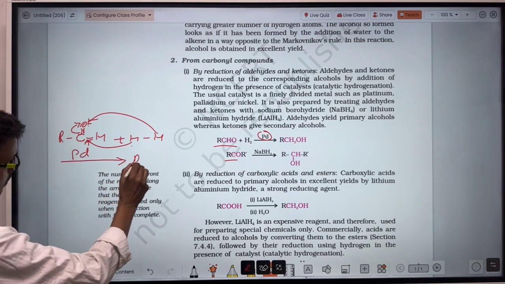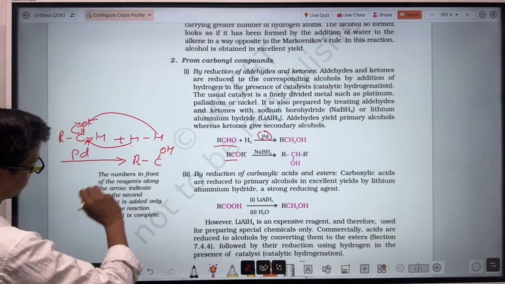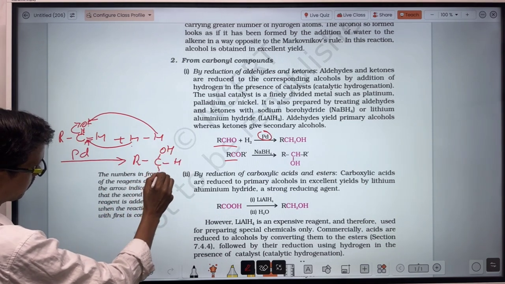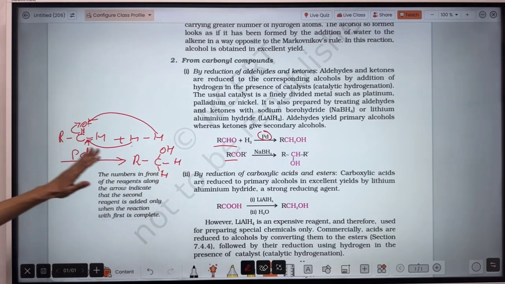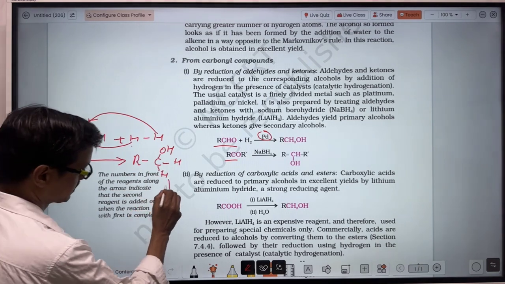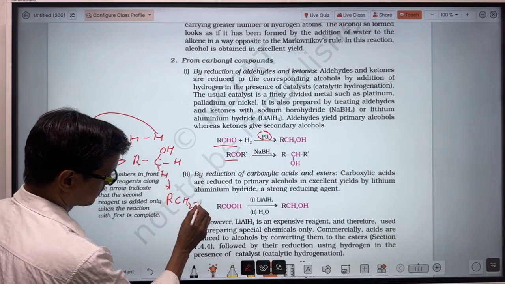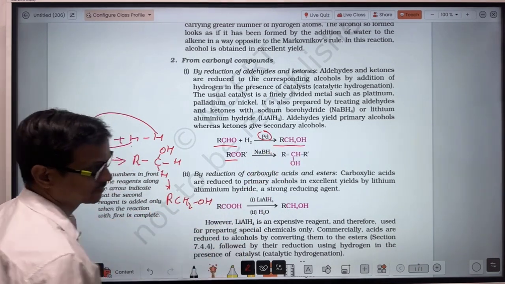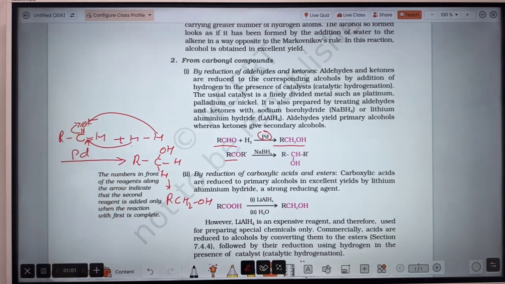Already there was one hydrogen and one more hydrogen gets bonded, so the compound formed is RCH2OH. That is the manner here.